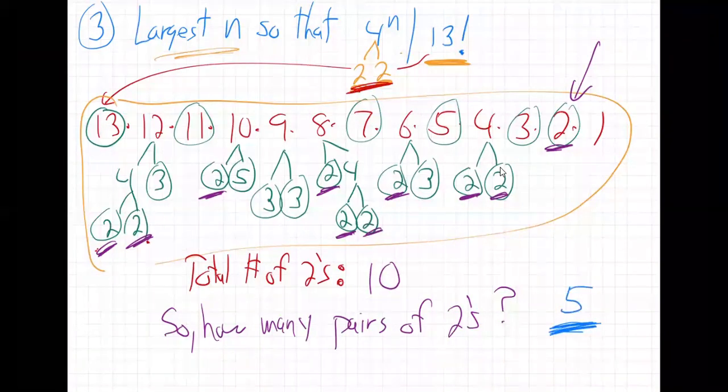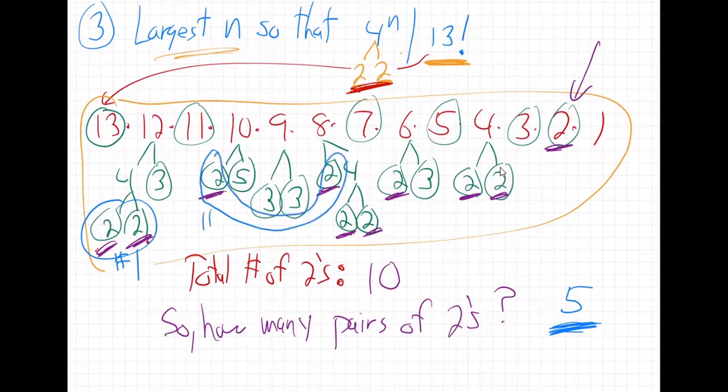5, right? Because really, this pair of 2s makes a 4. This 2 along with this 2, I could go through and count them this way too. That's 2 of them. Here's a third 4. This 2 with this 2. Here's a fourth, and this 2 with this 2.